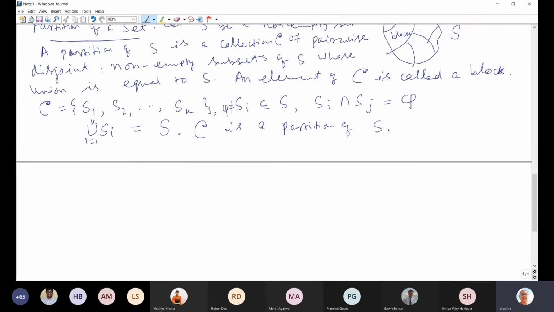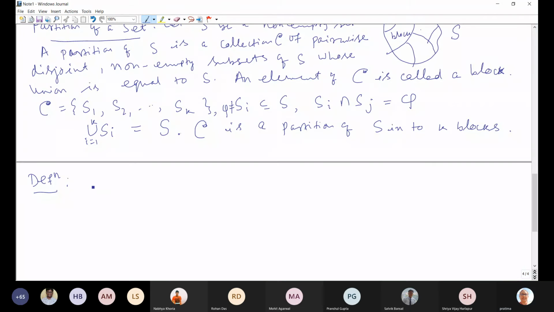C is a partition of S into k blocks, or k parts. Well, so this number is the Stirling number of the second kind.